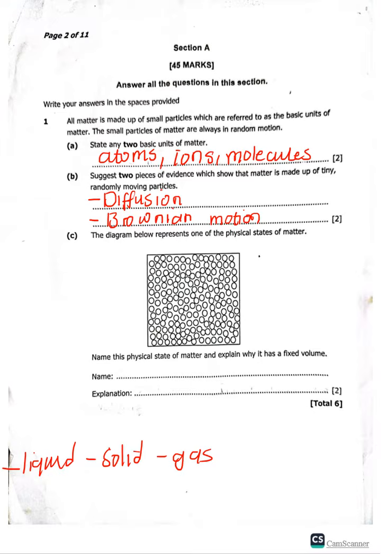The diagram below represents one of the physical states of matter. Name this physical state of matter and explain why it has a fixed volume. Whenever you are trying to name a given state of matter, you just have to look at the arrangement of particles. Here, we can see that the particles are closely packed. Therefore, we are dealing with a solid.